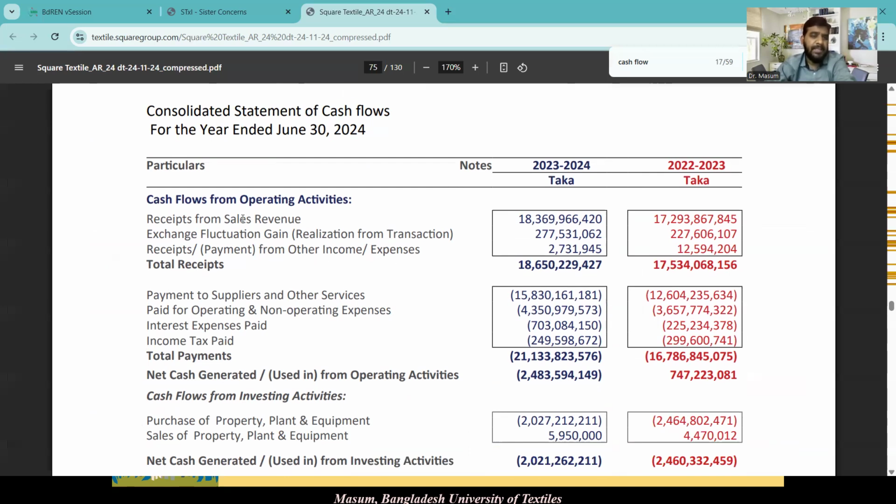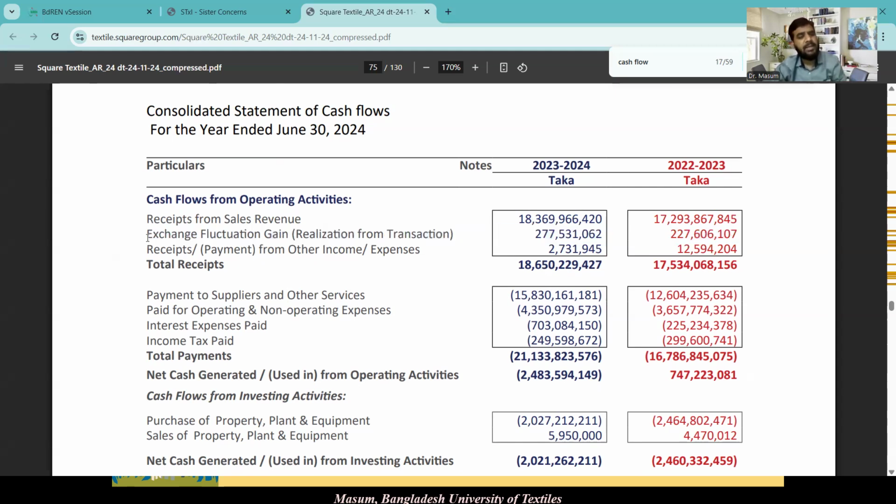So here is the inflow, and here, positive value is other income. So this is their total inflow. Maybe you are thinking, what is fluctuation gain?